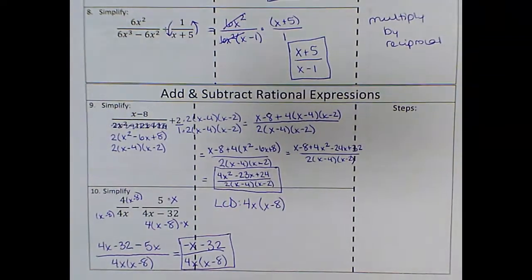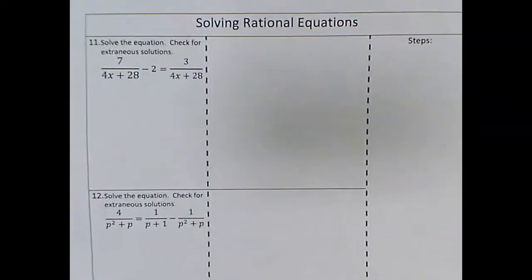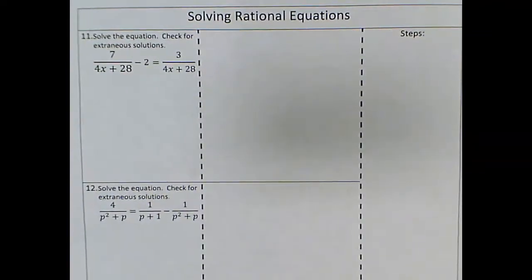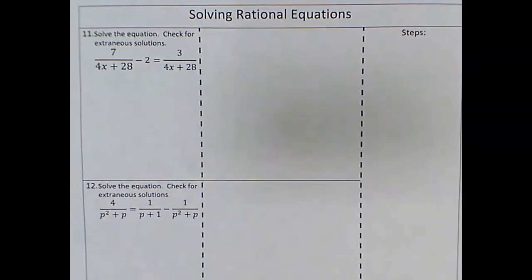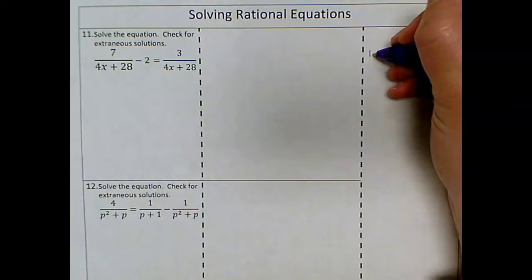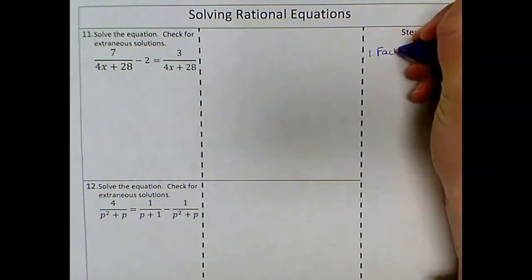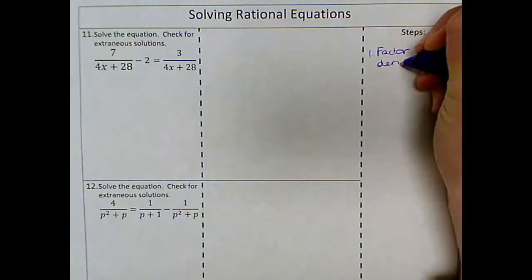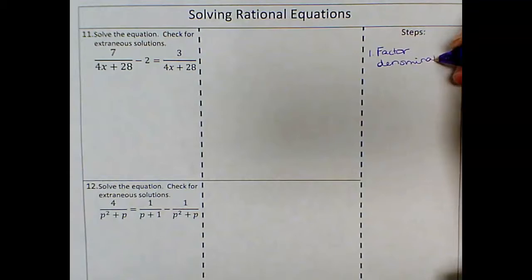And lastly, we move on to solving rational equations, which is the most recent topic in our notes. So hopefully it is the most fresh in your mind, but it's also what we've practiced the least. So number 11 asks us to solve the equation, check for extraneous solutions. I want to do what I've done in my other problems, which is factor the denominators and find an LCD.